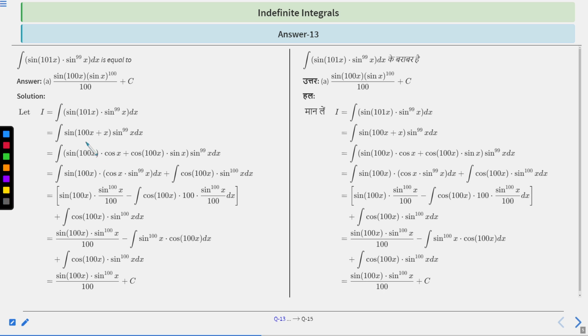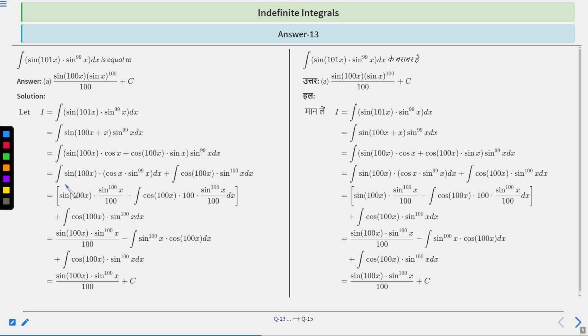So 101x can be written as sine of (100x plus x) into sine to the power 99x dx, which can be written as (sine 100x into cos x plus cos 100x into sine x) into sine to the power 99x dx, which is equal to sine 100x into cos x into sine to the power 99x dx plus cos 100x into sine to the power 100x dx.